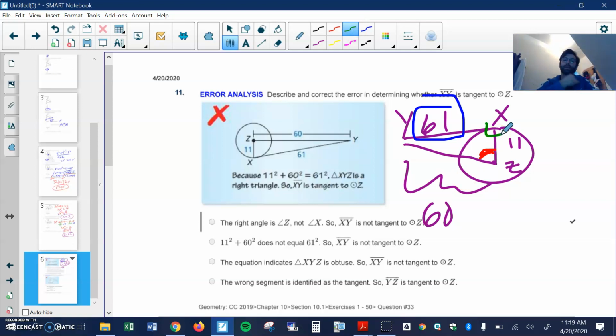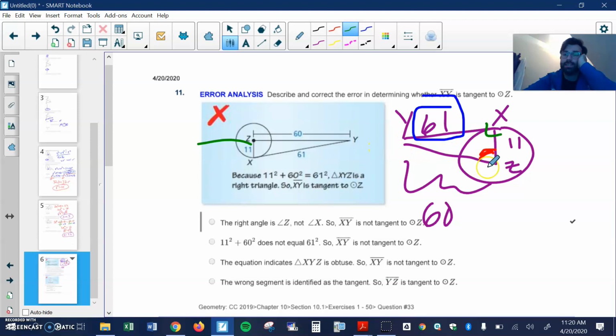A tangent line makes a right angle with a radius. A radius is not perpendicular necessarily to this line ZY. This is a secant, first of all. Secant lines will go through. This would extend out to be a secant, okay? XY, I'm going to say, oh, wow. I think you probably just got confused, all right? So when we have a tangent, XY needs to be perpendicular.